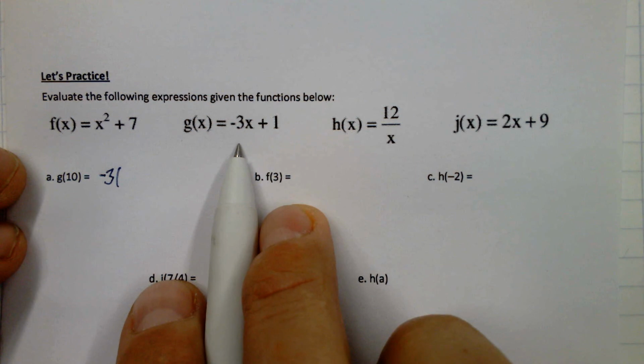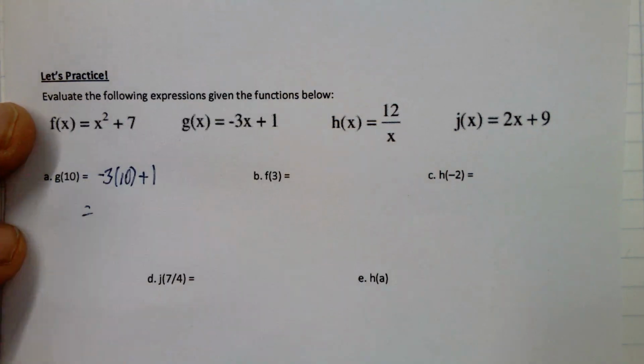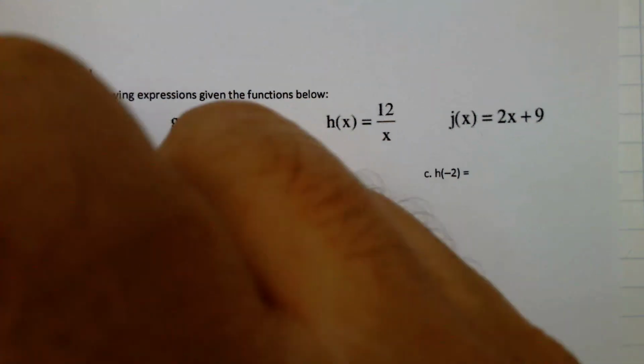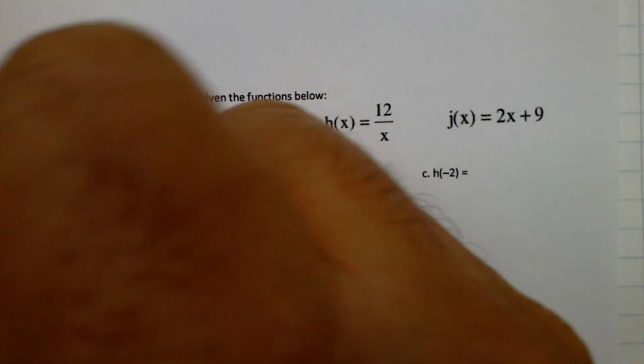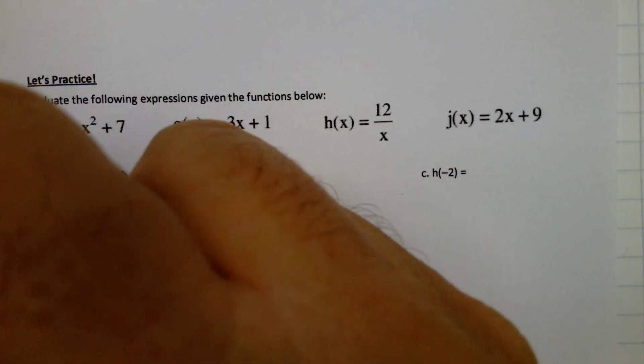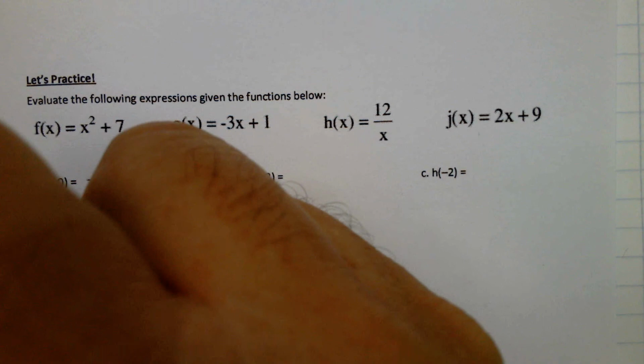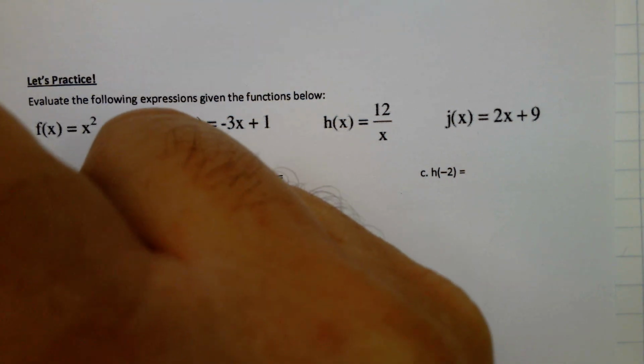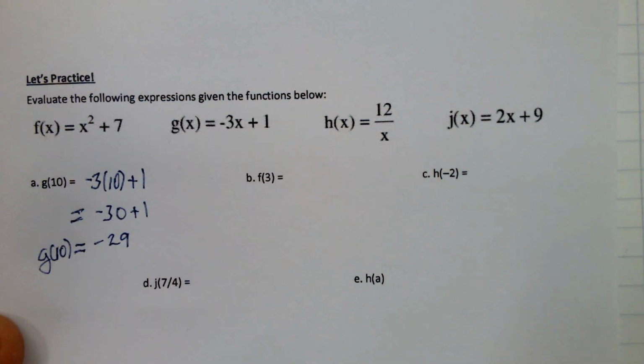So this would be negative 3 times 10 plus 1. So let's see, what does that give us? How much do we get? Negative 30 plus 1, and that's negative 29. So g of 10 is negative 29.